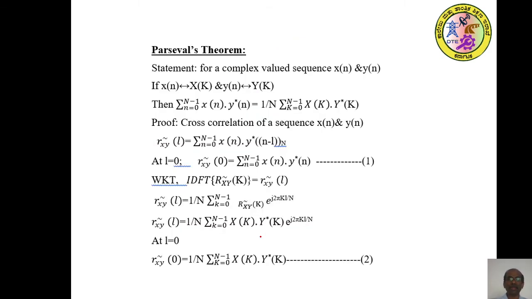Next property is called Parseval's theorem. This is a very important property in complete signal processing and communication because this theorem gives the relationship for the energy of a signal. We are used to computing the energy of a signal in time domain using the formula E is equal to summation n varying from minus infinity to plus infinity modulus of x of n whole square.